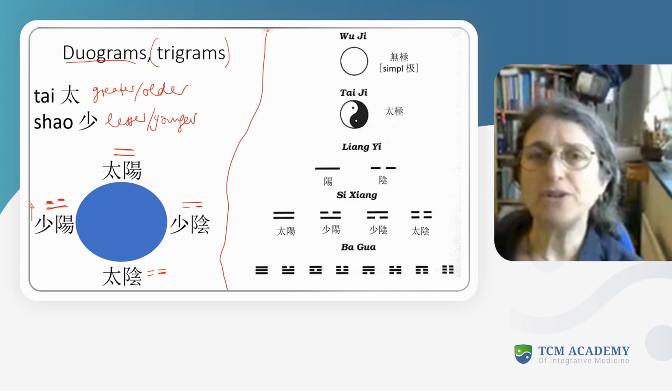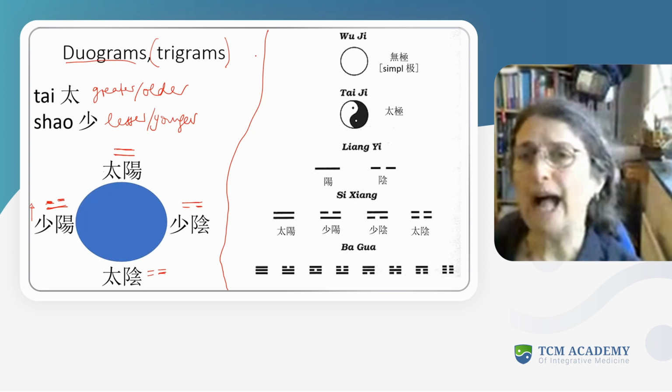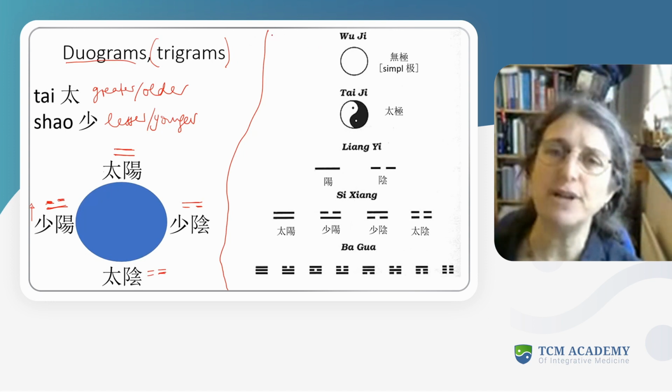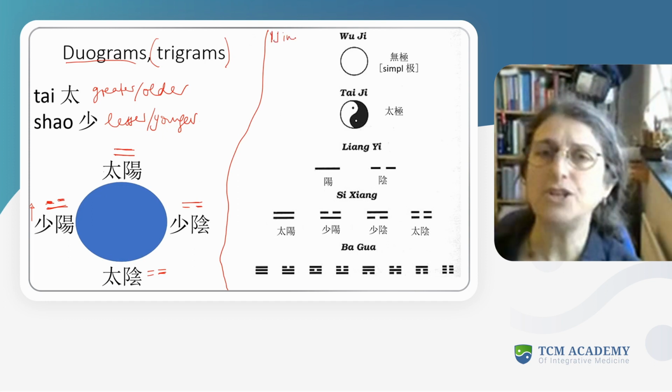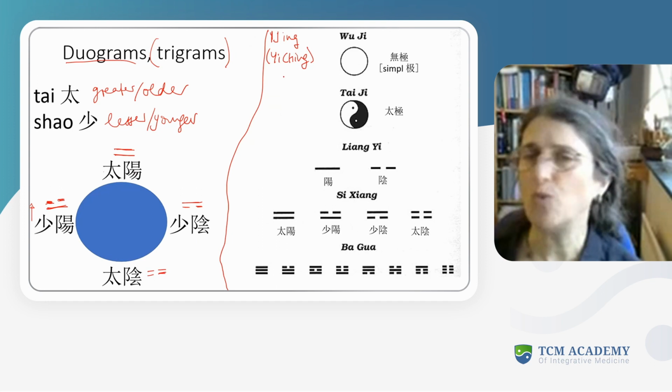Because when we talk about the Tao, then they always talk about Wu Wei and all that kind of stuff. So I thought maybe if we just look at this, this is very much to do with the I Ching, or in Wade Giles it was written I Ching. If you don't know what this is, don't worry about it.